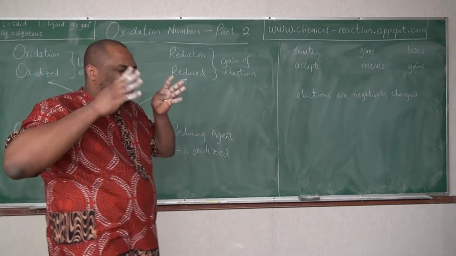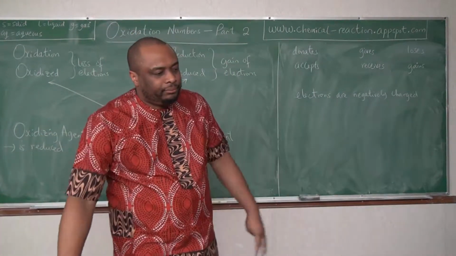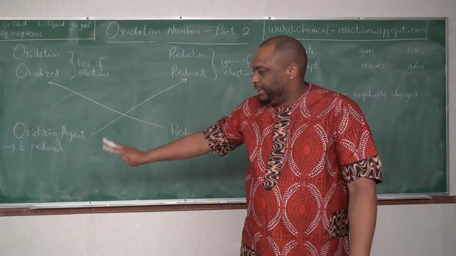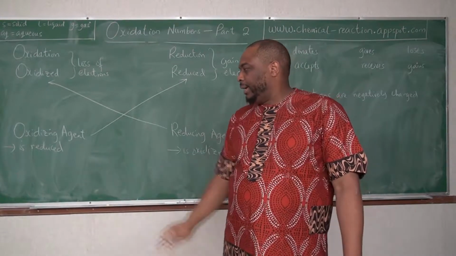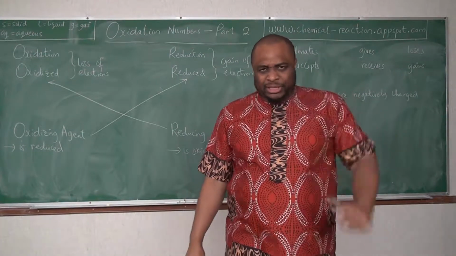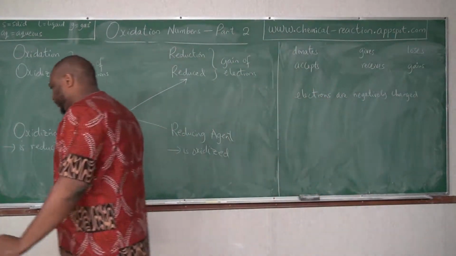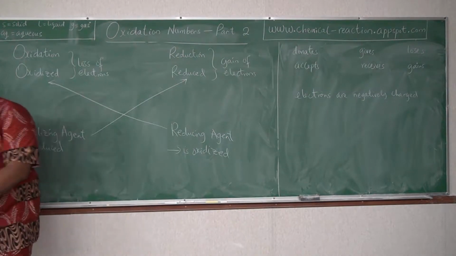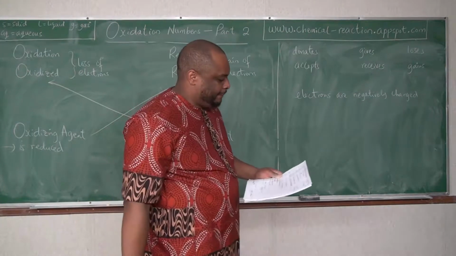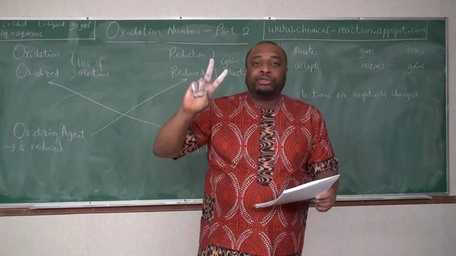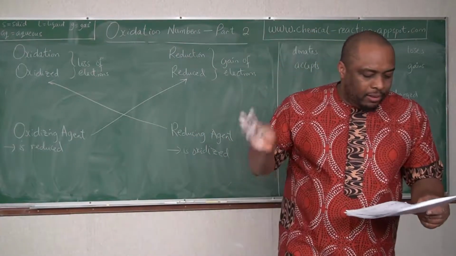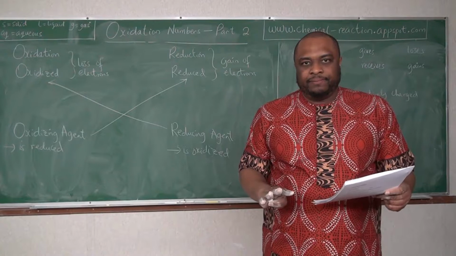I want you to understand that. In the questions we're going to do, they want us to identify the substance that is oxidized, number one; that is reduced, number two; the oxidizing agent, number three; and the reducing agent, number four.